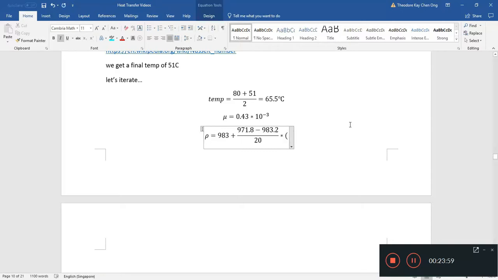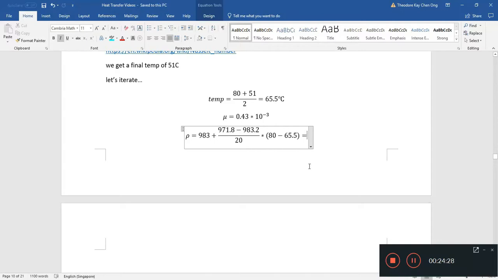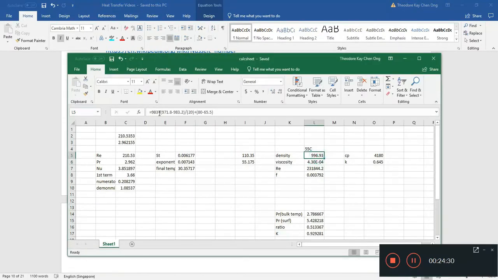Okay, right. 80 minus 65.5. Okay. 93 plus 971.8 minus 93.2 divided by 20 plus 80 minus 65.5. Okay, 996.9. Other way around. Negative sign change.